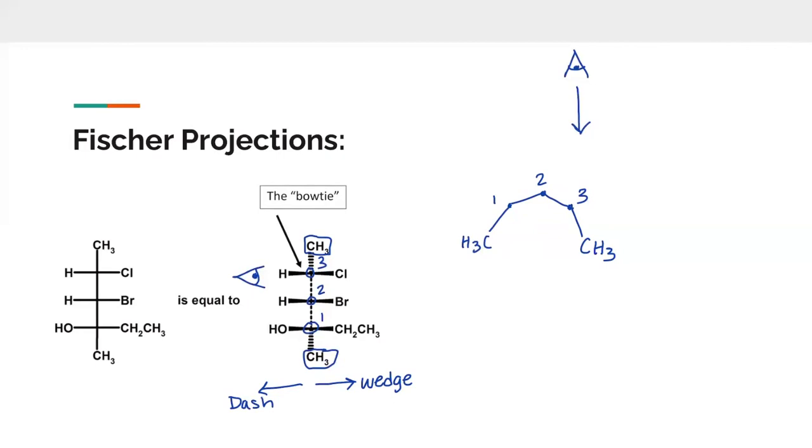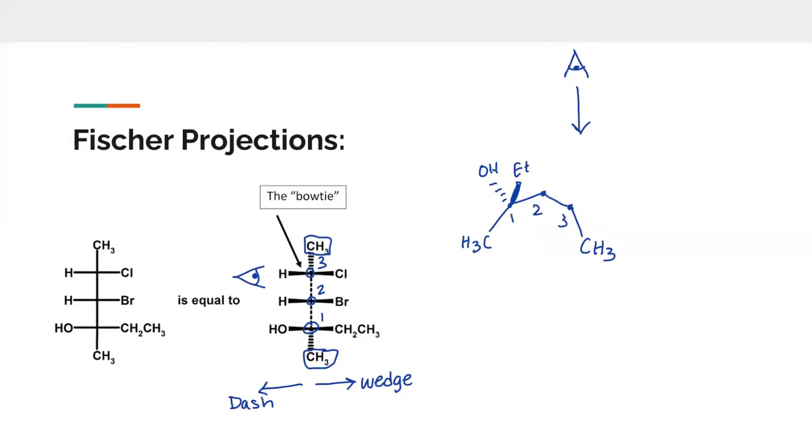And so this OH group is going to be pointing up, but it's going to be a dash right here. And similarly, this is also going to be pointing up, but this CH2, CH3 group, I'll call it Et for ethyl, is going to be a wedge also pointing up. I'm just going to erase this to prevent clutter and maybe write it down here instead.